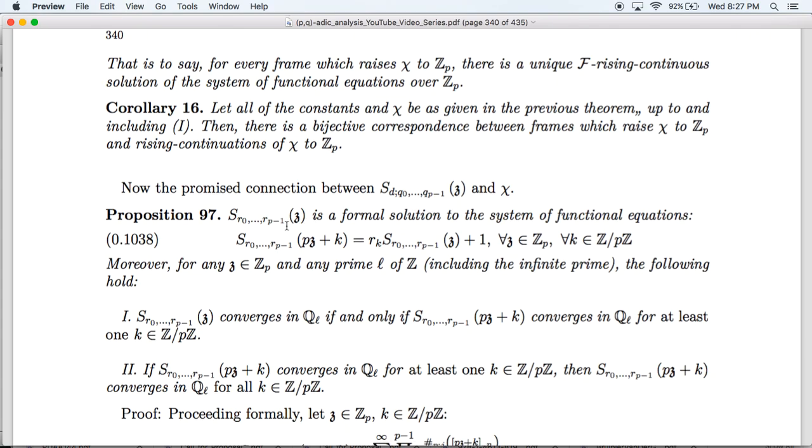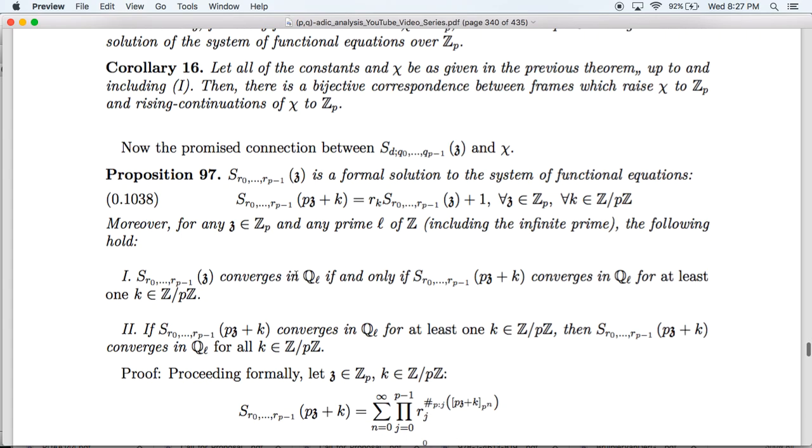So R0 through R_{p-1} of the F series is a formal solution of this system of functional equations: the F series of pz plus k is equal to Rk times the F series of z plus 1. Moreover, for any p-adic integer z and any prime L, including the infinite prime, the following hold.